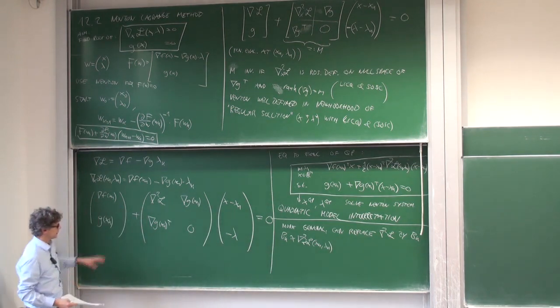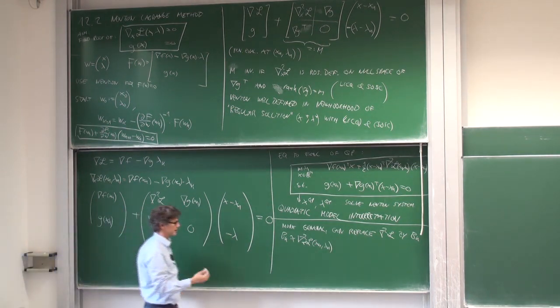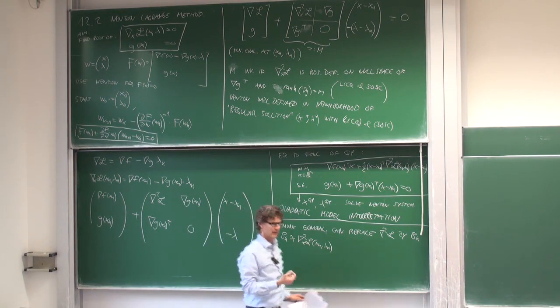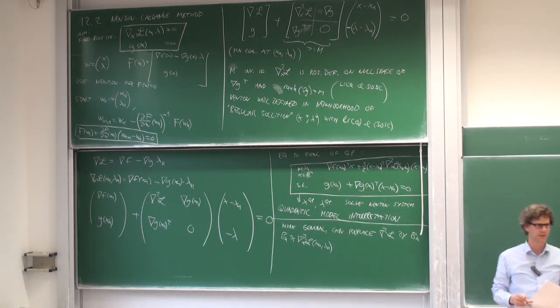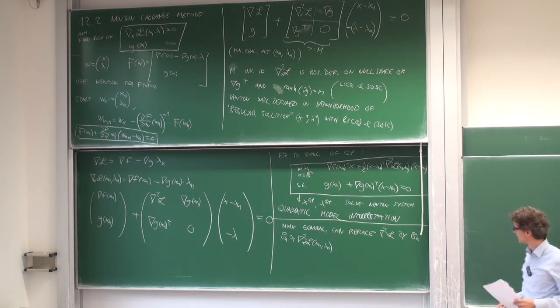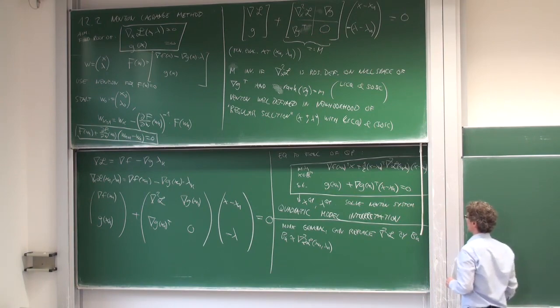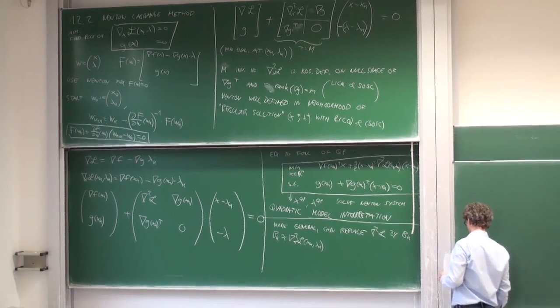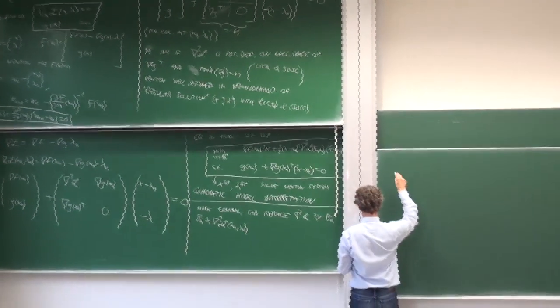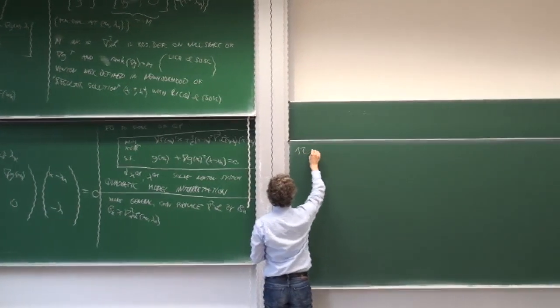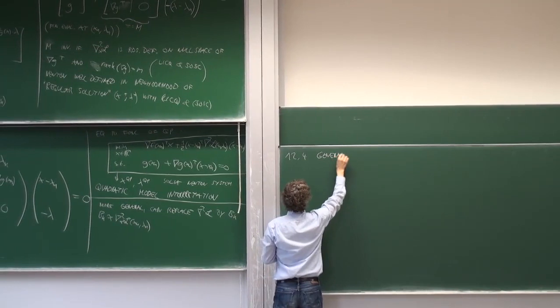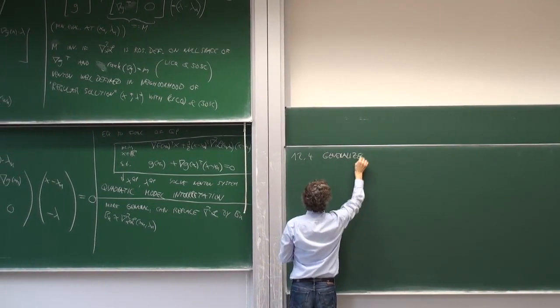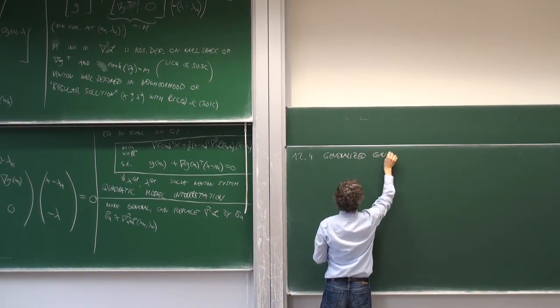There are many ways to do it, and one way that I want to start with is the constrained or generalized Gauss-Newton method, because it is very nice to use, very widely used and very successful. So let me continue with section 12.4, what we call the generalized Gauss-Newton method.